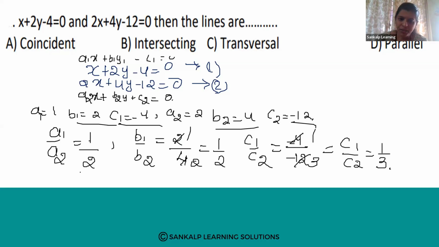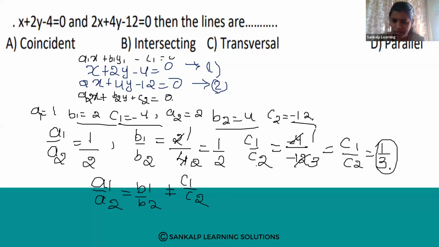Next, a1 divided by a2 and b1 divided by b2 are equal. Here we are getting 1 by 2 and 1 by 2. But it is not equal to c1 divided by c2. Why? Because c1 divided by c2 value is 1 divided by 3.